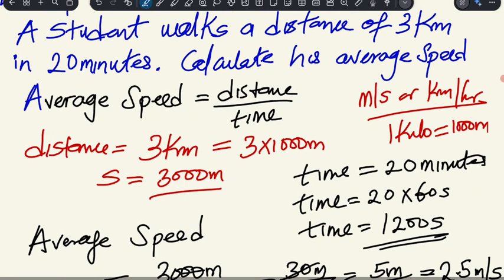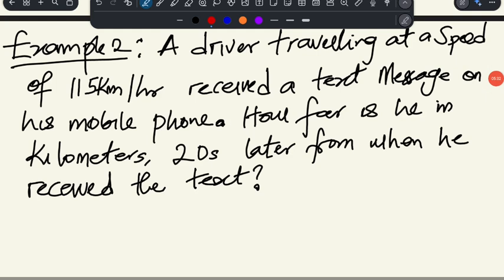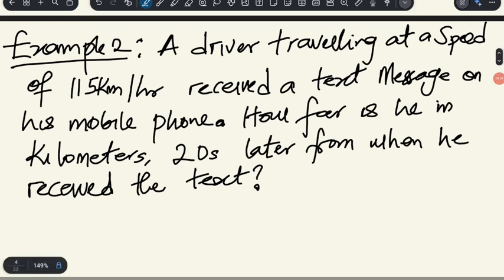So we still have to continue from this. This is example 2. A driver traveling at a speed of 115 km per hour received a text message on his mobile phone. How far is he in kilometers 20 seconds later from when he received the text message?